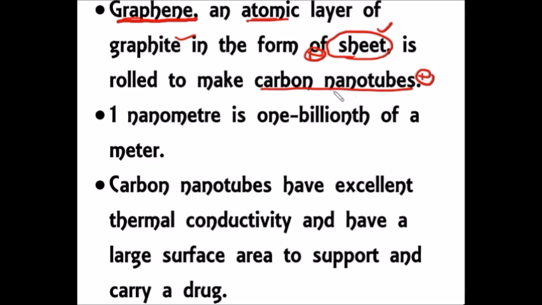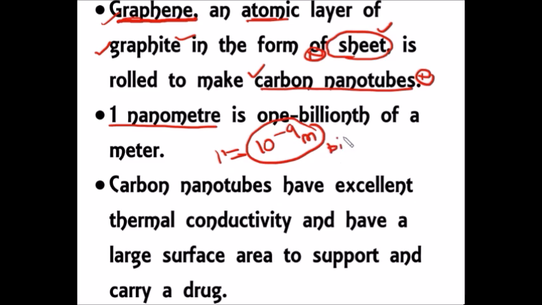In our separate video lectures, we will cover graphene, graphite and carbon nanotubes separately. What do you mean by 1 nanometer? 1 nanometer is equal to 10 power minus 9 meter, or you can say 1 billionth of a meter. Billion means 10 power 9.